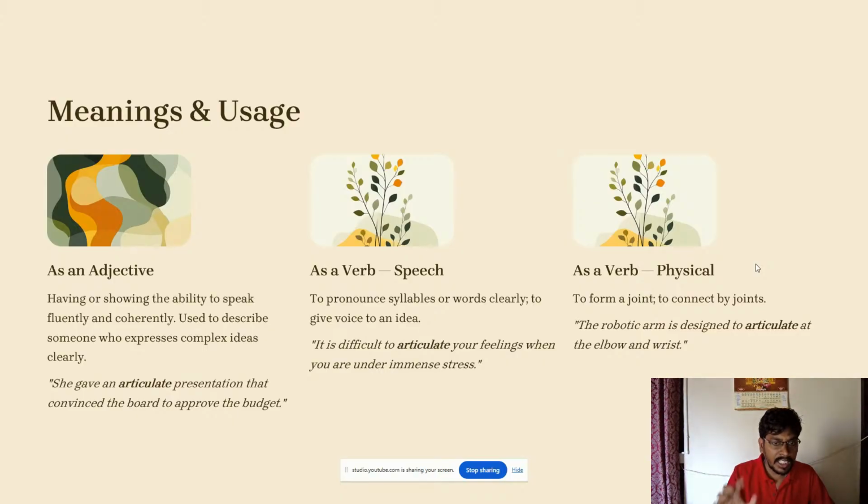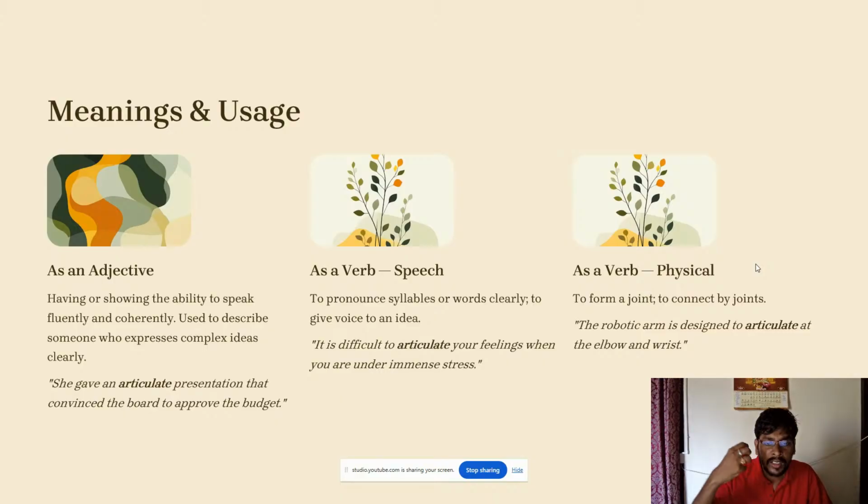So this is one context as an adjective. As a verb, it means to pronounce syllables or words clearly. If you pronounce the words very clearly with proper syllables, then we can use the word articulate. Here is the example: it is difficult to articulate your feelings when you are under immense stress.